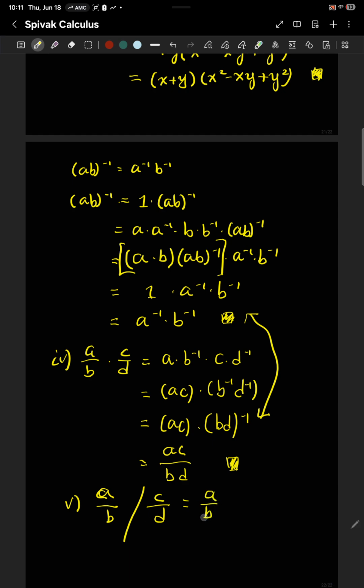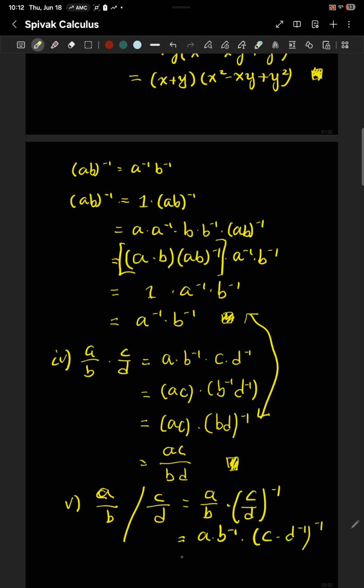It means A over B times the inverse of C over D, which is A times B inverse times the inverse of C times D inverse.